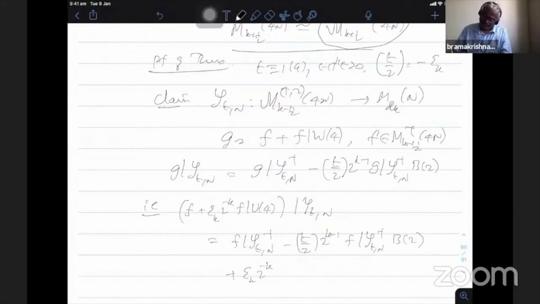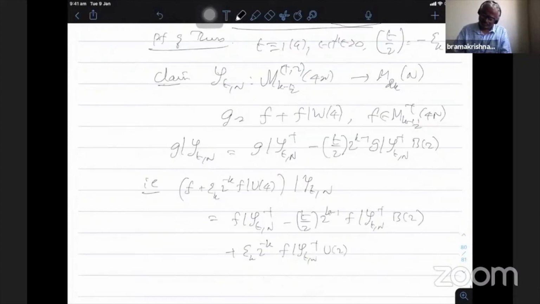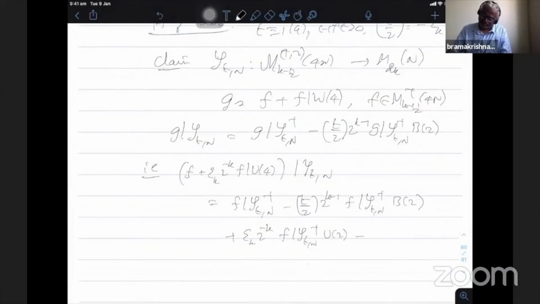So this is f bar S_{t,N} plus U2, minus (t by 2) 2^{k-1} epsilon k 2^{-k} f bar S_{t,N} plus B2 U2. Am I right? I didn't make a mess up.